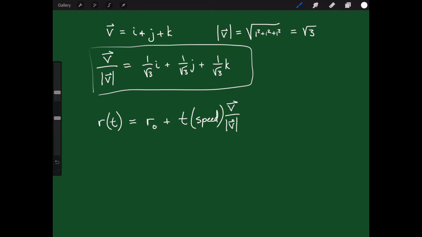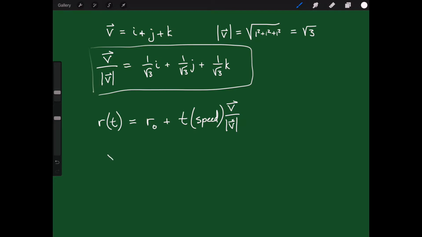So now I'm saying move your speed, because remember this unit vector, v over magnitude of v, just has length 1. So now this vector is going to have length my speed, which is exactly what I want. Okay, so let's fill in the blanks here.